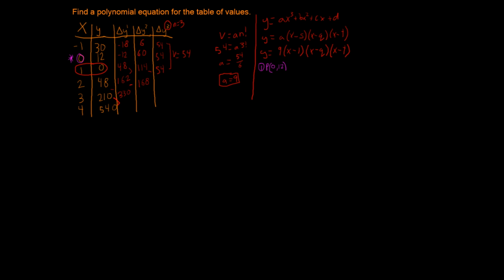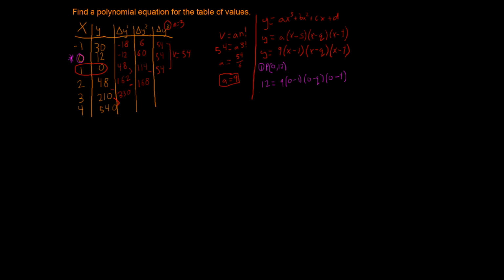Our y value is 12, so 12 will be equal to 9 times 0 minus 1, times 0 minus q, times 0 minus t.